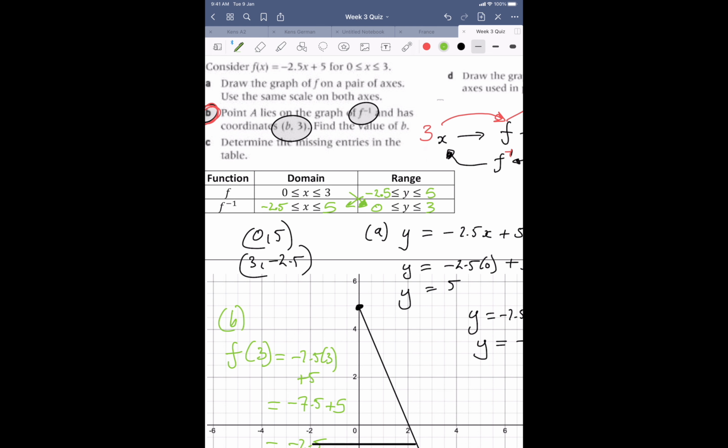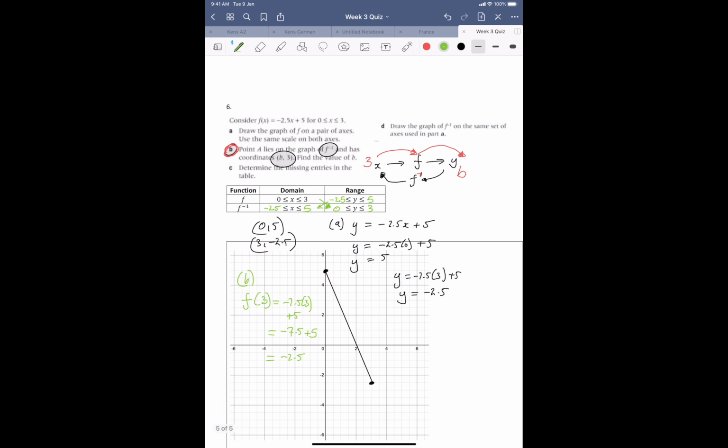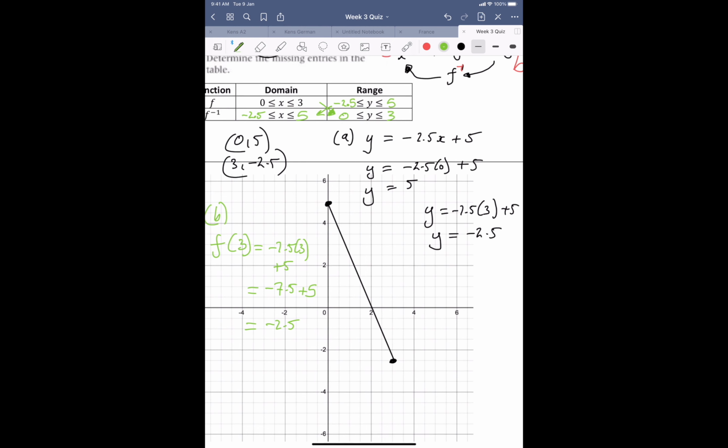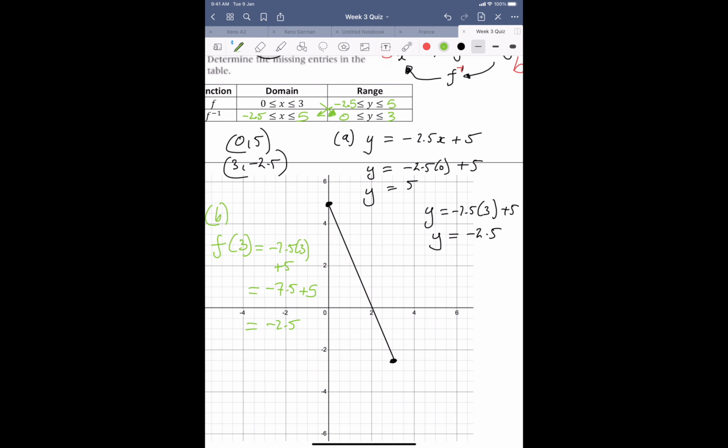Okay, perfect. And D, draw the graph of f minus 1 on the same set of axes used in part A. So basically on the same axes, we've got to draw the new graph. And one final trick that we're going to use here is that we have the points (0, 5) and (3, negative 2.5).